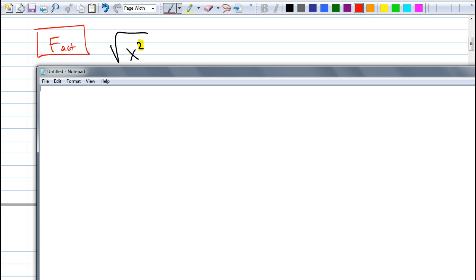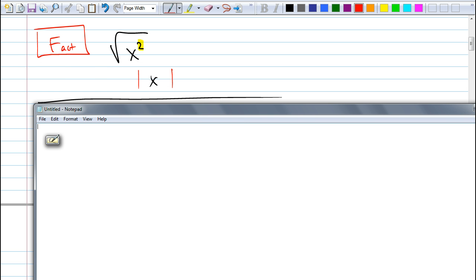If you square root an x squared, the answer is, anybody have any guess? Yes, x. If you write x, not quite. It's actually the absolute value of x. We're going to think about why it becomes the absolute value of x in a minute. But think about this. We just said that if you simplify a positive number, it has to be positive, right?